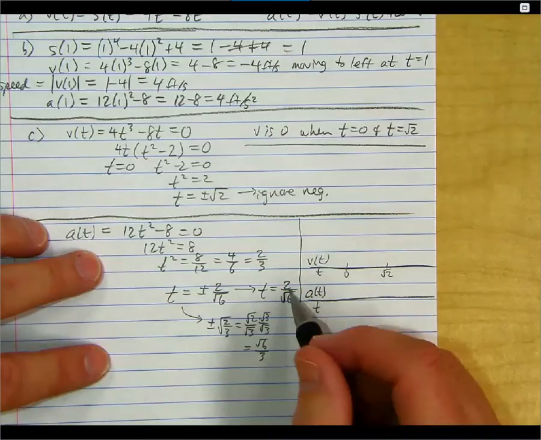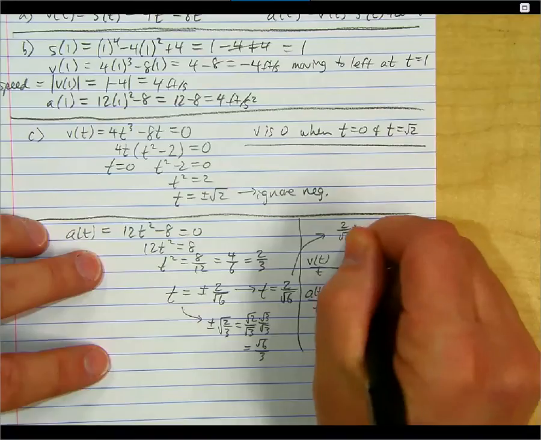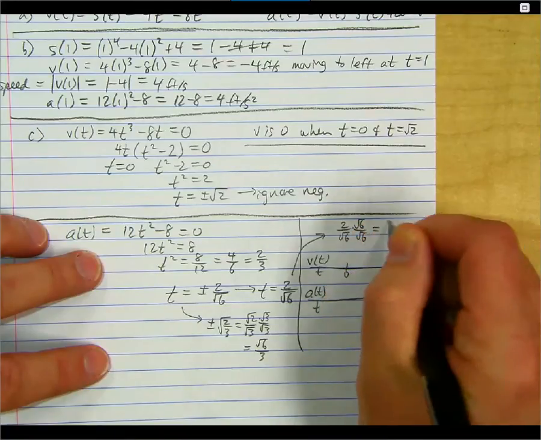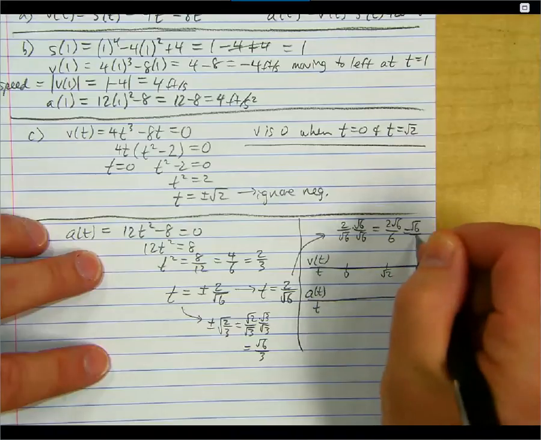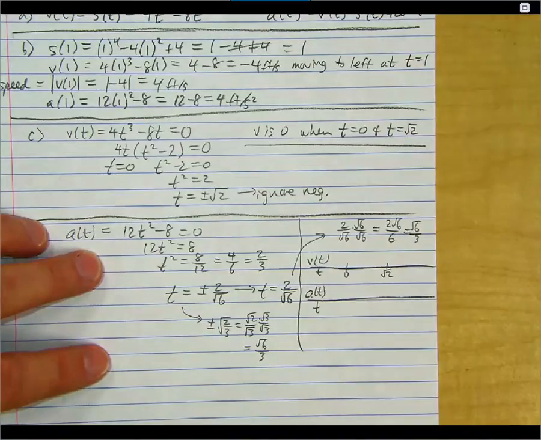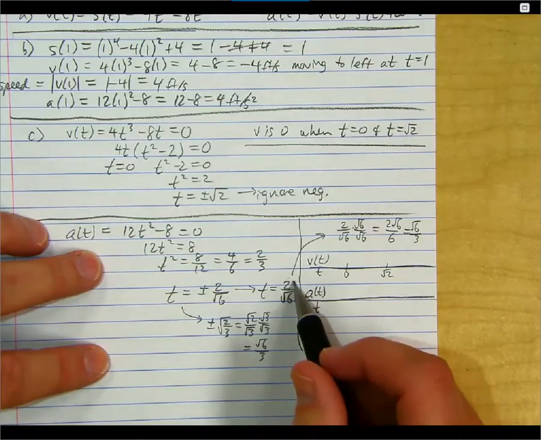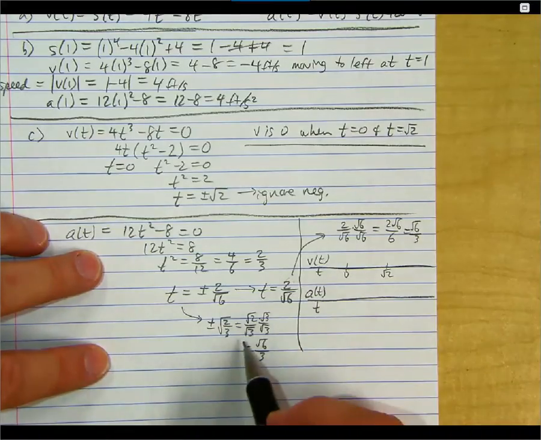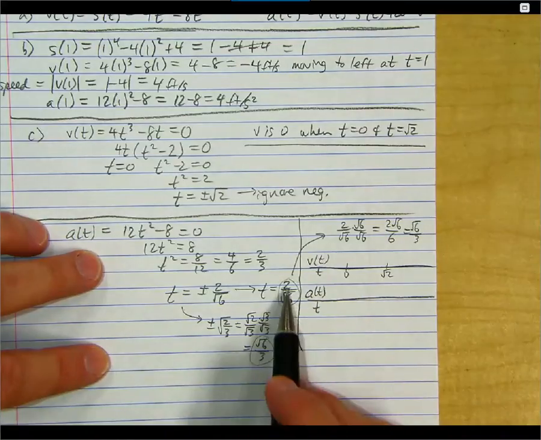I'm just wondering if I messed this up. Let me check this one here. 2 over rad 6 times rad 6 over rad 6, which is 2 rad 6 over 6, which is rad 6 over 3. Okay, we're fine. You can use either form. This is a simplified radical, and so is this one right here. So either one of these, if you rationalize, you'll end up with the rad 6 over 3. I'm going to leave the 2 over rad 6.